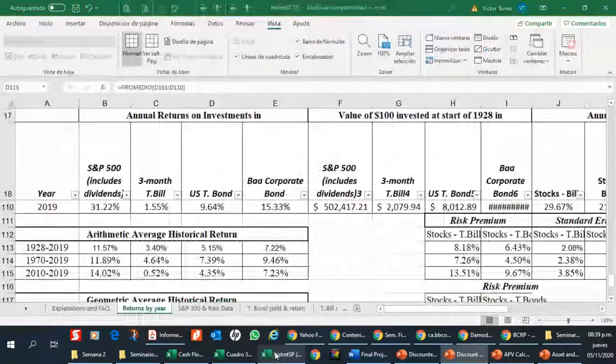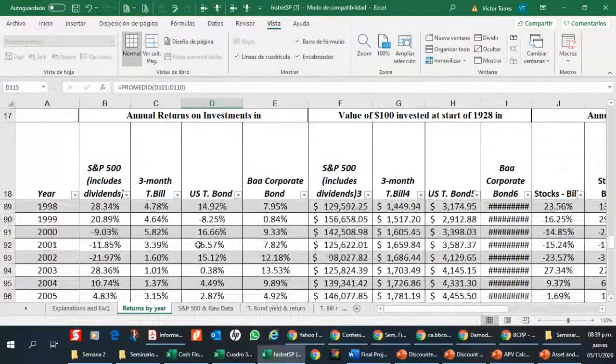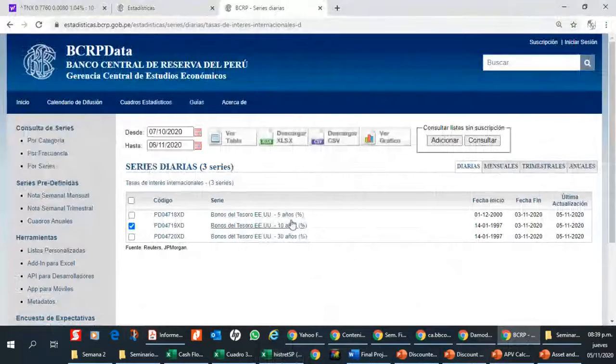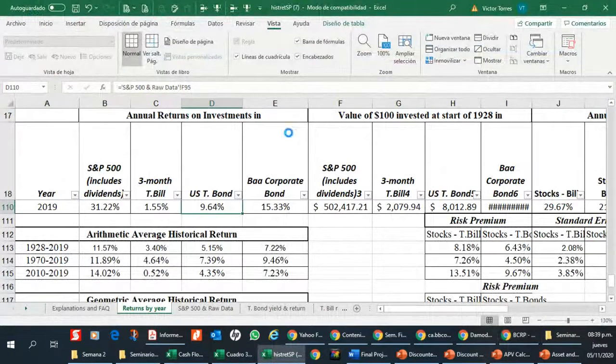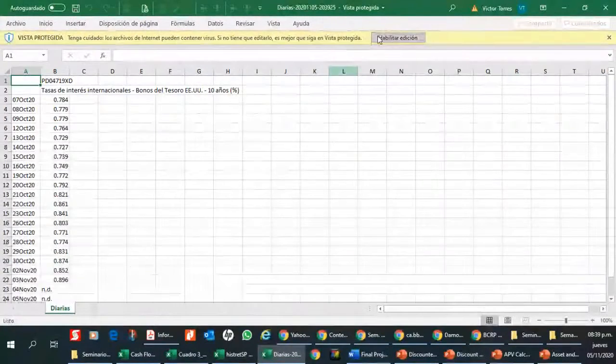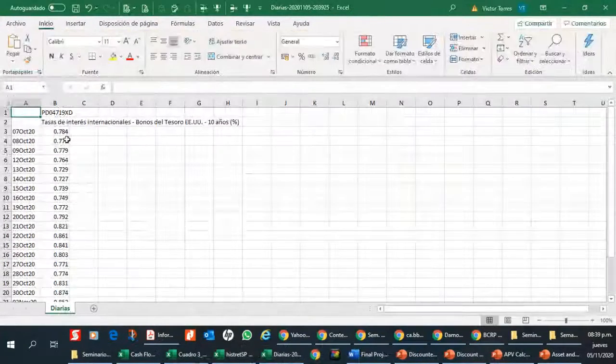You do have historical data that appears here in the Damodaran spreadsheet, but he actually picks a number at the end. We can obtain information for this 10-year Treasury yield from the Central Bank of Peru and just download that in Excel.